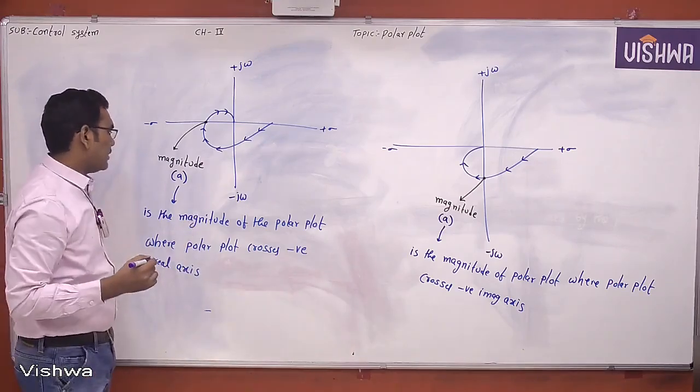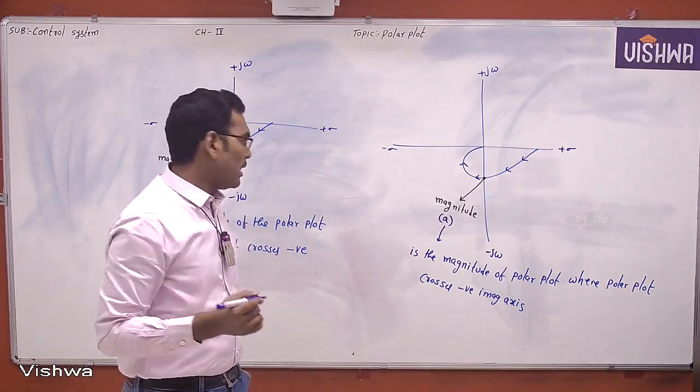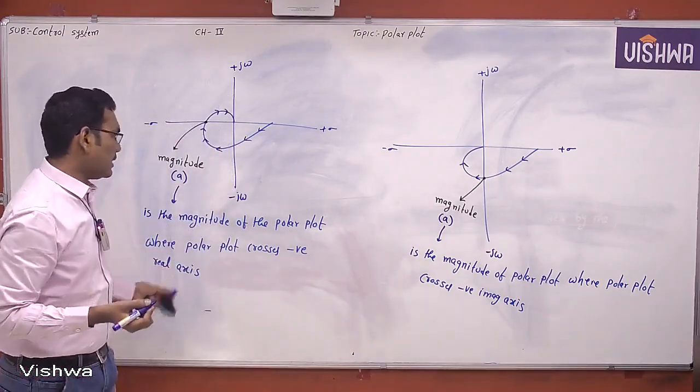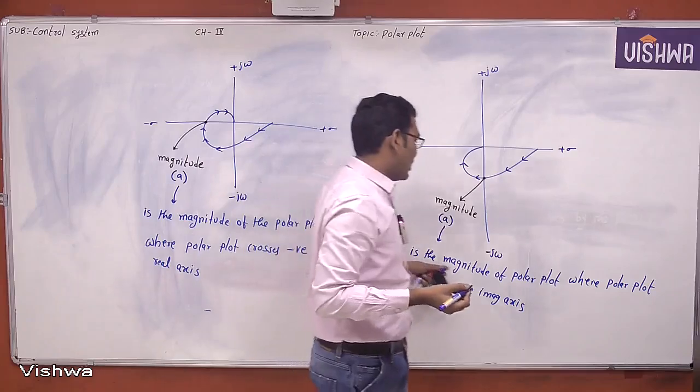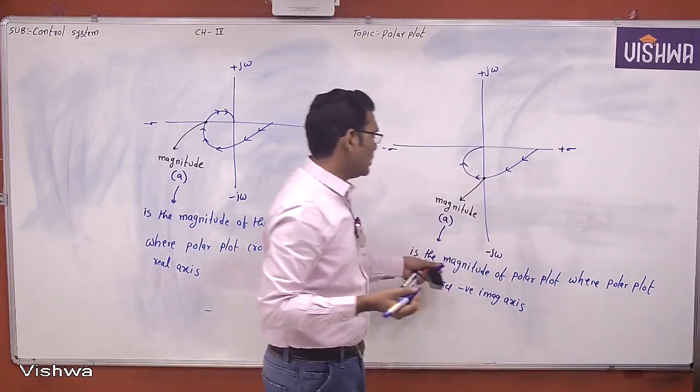A is the magnitude of the polar plot where the polar plot crosses the negative real axis. Like that, whatever it may be.